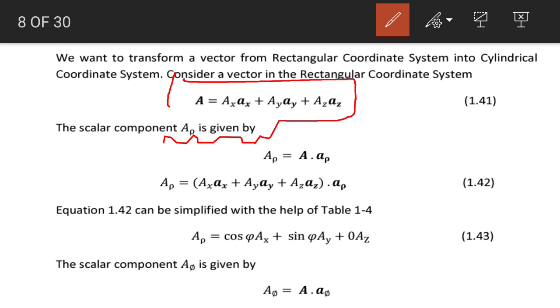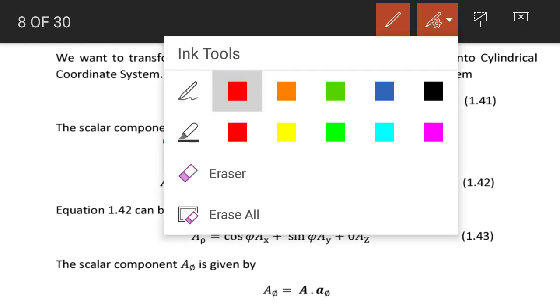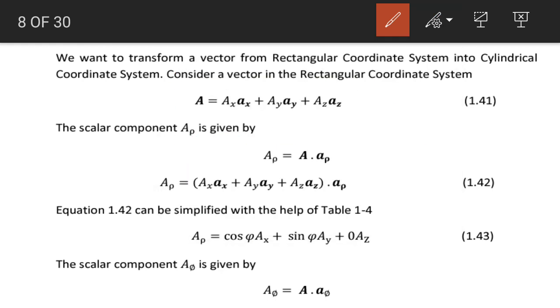In the rectangular coordinate system, this three-dimensional vector has got three components. The component along x-axis is ax, the component along y-axis is ay, and the component along z-axis is az. We want to represent this vector in the cylindrical coordinate system.